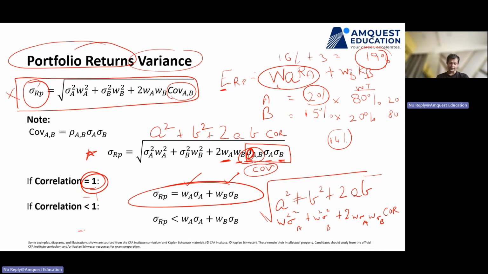So if it's minus 1, the formula will be weight A deviation A minus weight B deviation B. Right or wrong? Right. Correct? And this will help you to find the optimal weight. Okay, are we clear with this, guys?